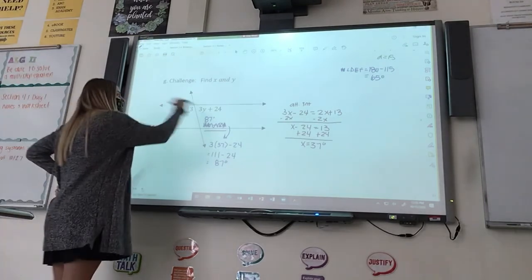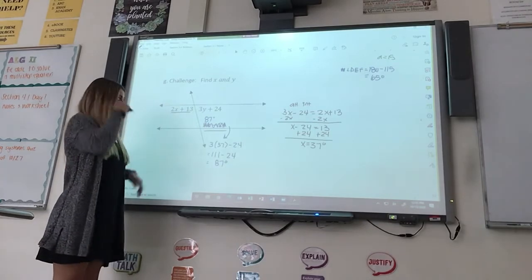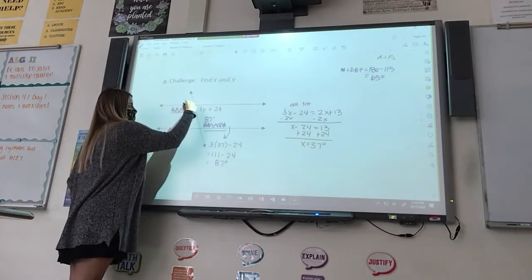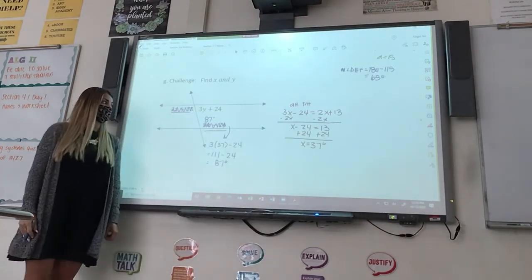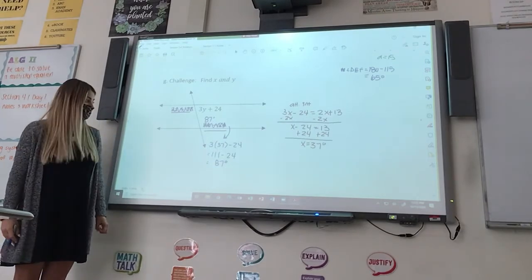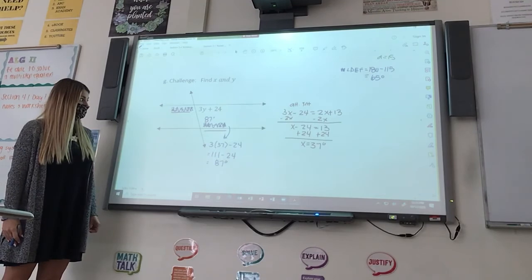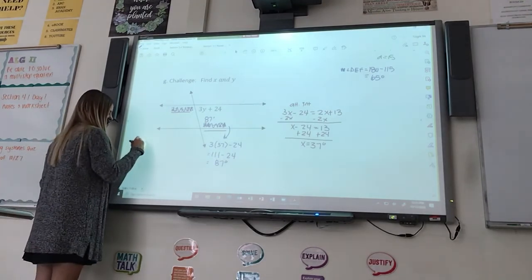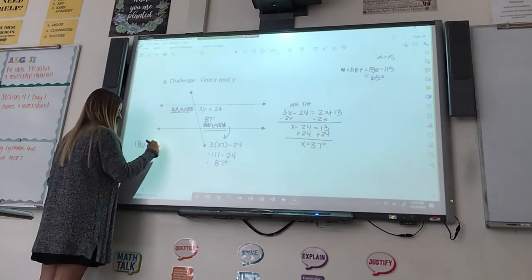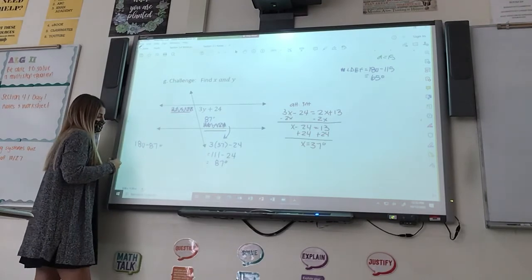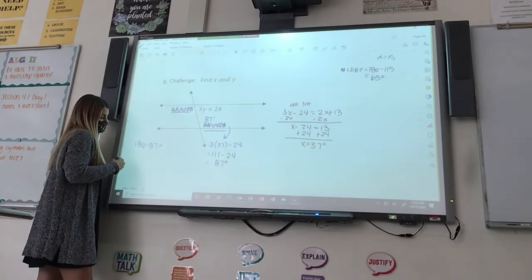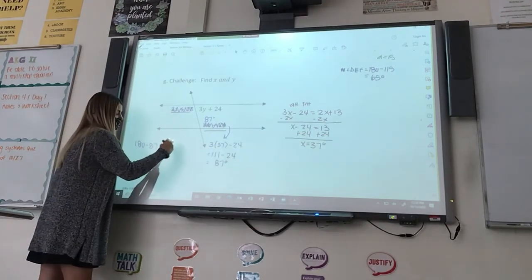So how could I find y? Ignore this too. We don't even need that anymore either. Morgan. 180 minus 87. Okay, so if you do that, 180 minus 87, what does that equal? 93.